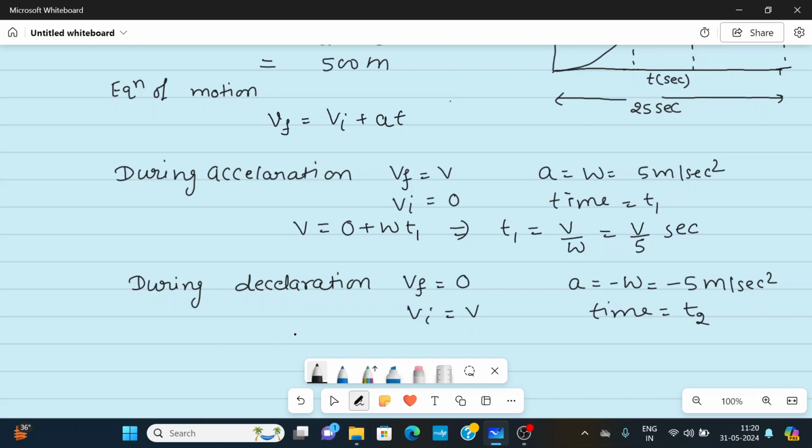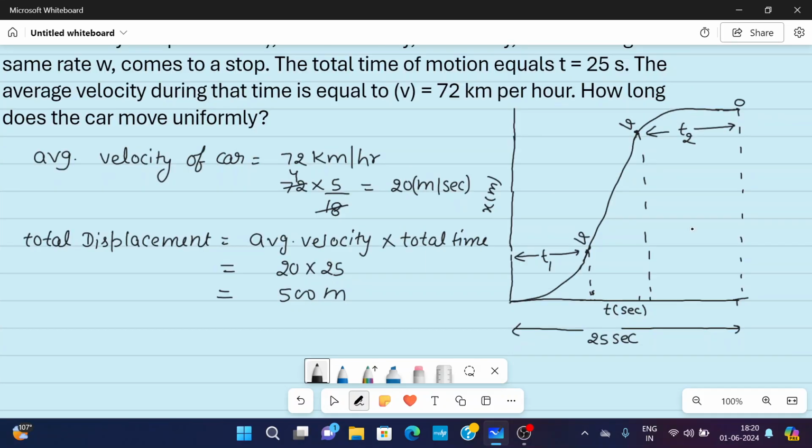So from equation of motion, v final 0 is equal to v initial v minus w into t2. Here we are taking the w with negative sign. So from here t2 is equal to v upon w or v upon 5 second. So from here we can see that t1 is equal to t2.